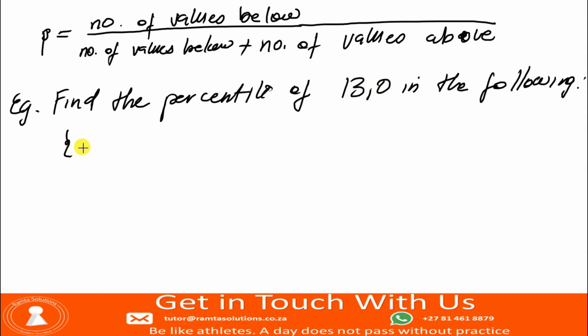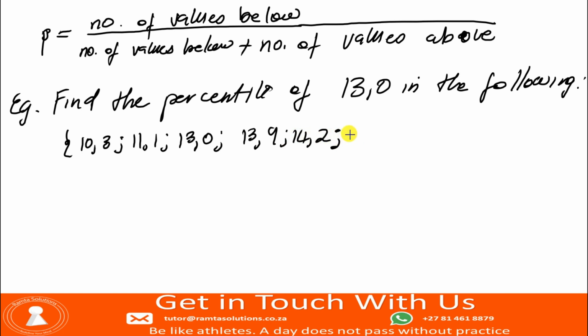What is our data? It is 10.3, 11.1, 13.0, 13.9, 14.2, 19.8. We have 1, 2, 3, 4, 5, 6 values.